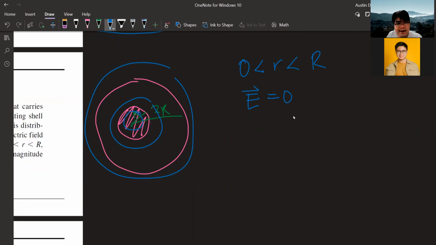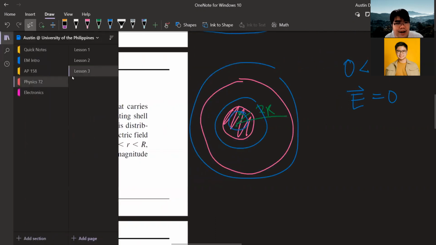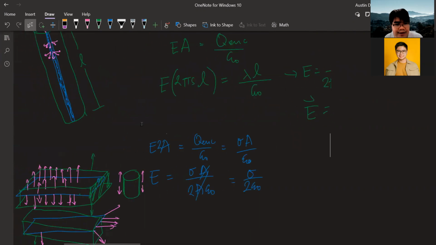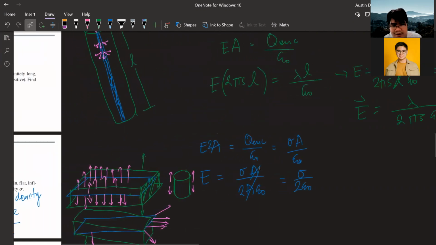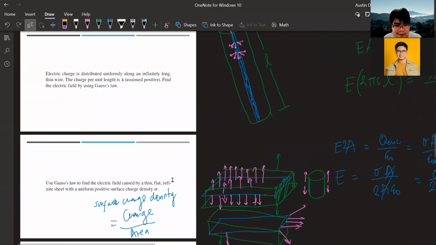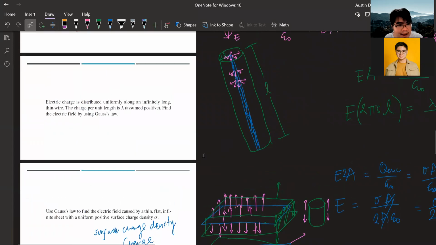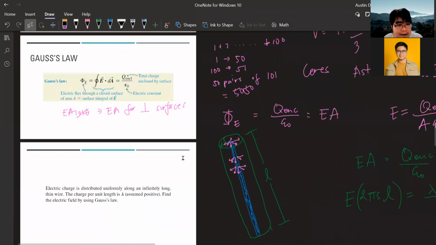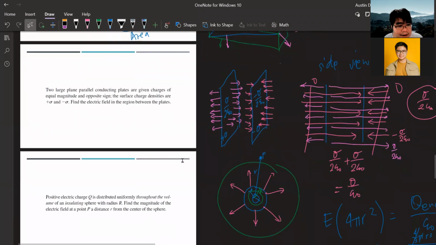Okay? Again, this is a conducting sphere. I-compare natin siya sa insulating sphere, kapag you can sprinkle the charge uniformly in it. Kaya things are very different.